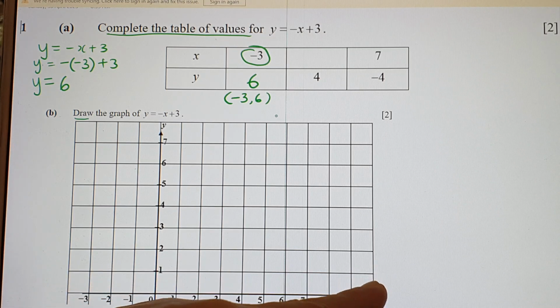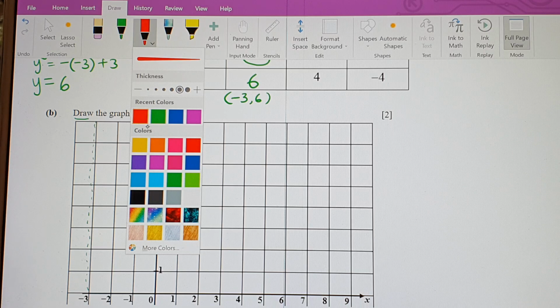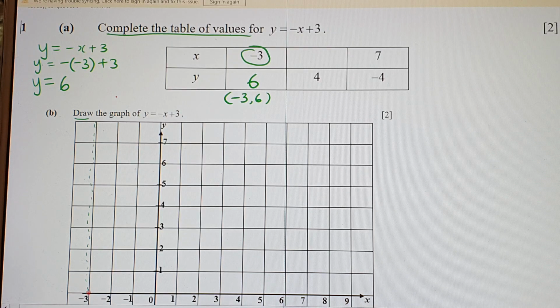You see here, x minus 3, right? So it's somewhere here along this line.